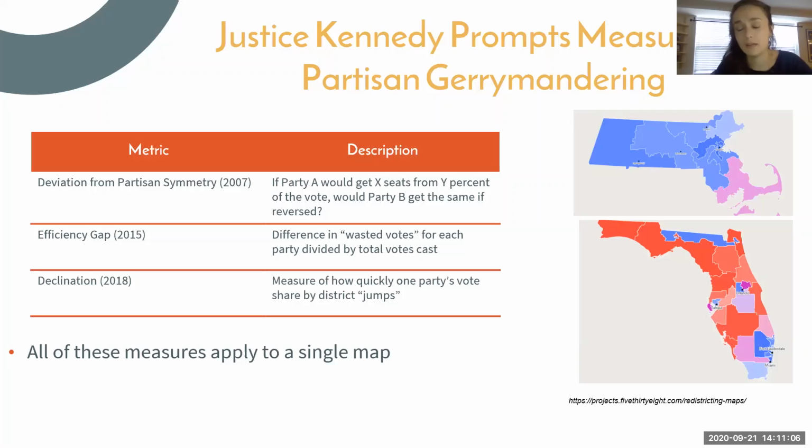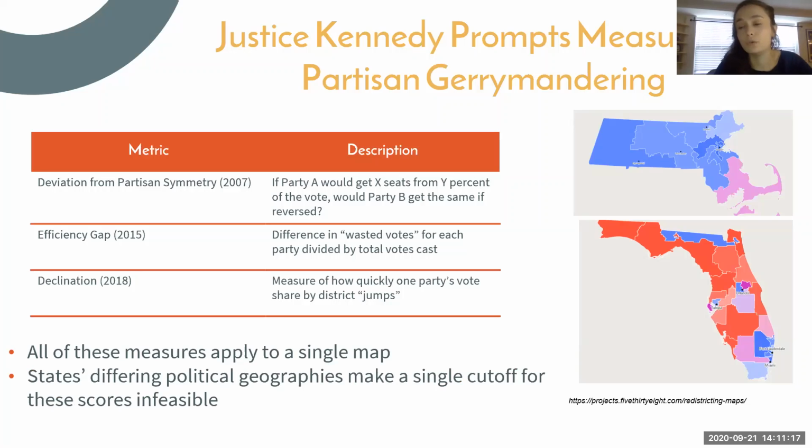It could just mean that typical maps in that state have a high efficiency gap because of how voters are distributed, or even some weird geographic features. So we really need a way to look at what's typical in a state in order to say if a particular map is an outlier compared to its own baseline.